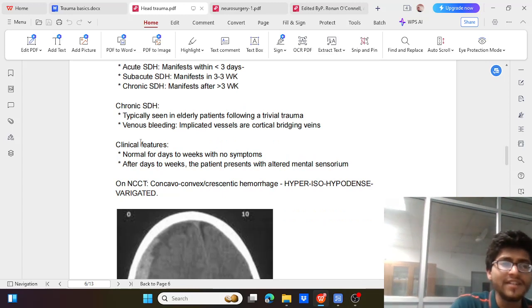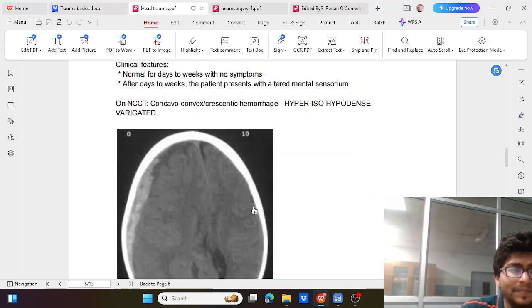Clinical features are generally normal for days to weeks in the chronic case, while the acute one occurs due to trauma. After days to weeks there will be altered mental sensorium, so the patient will have decreased GCS. And on investigation, how does this appear?